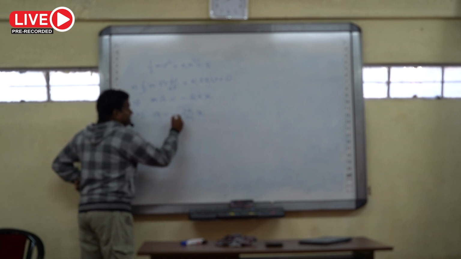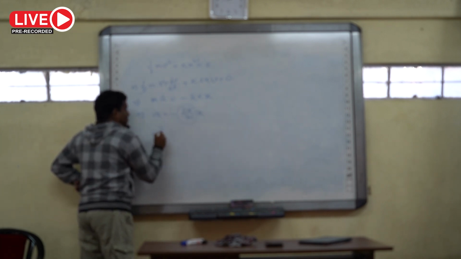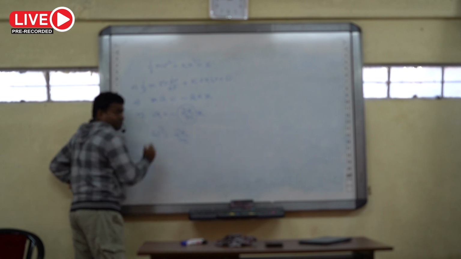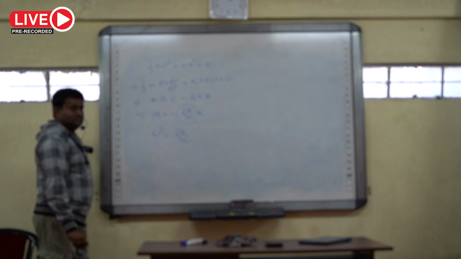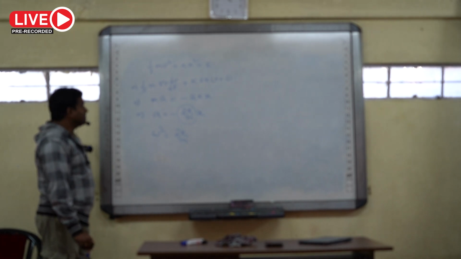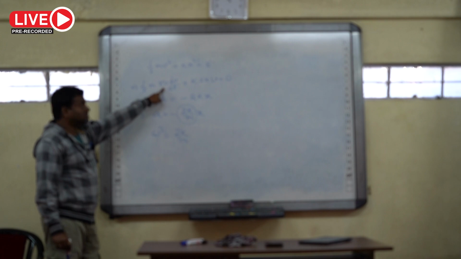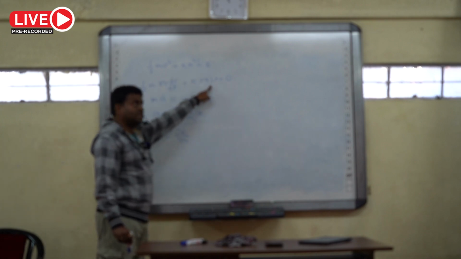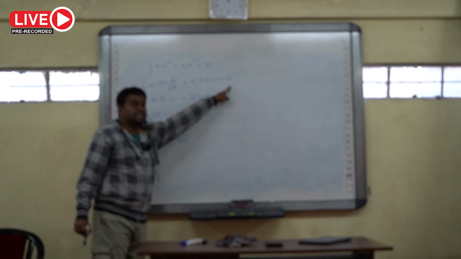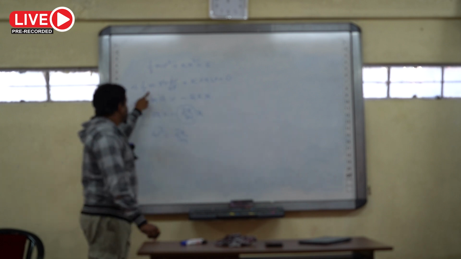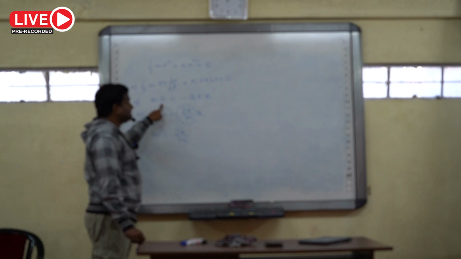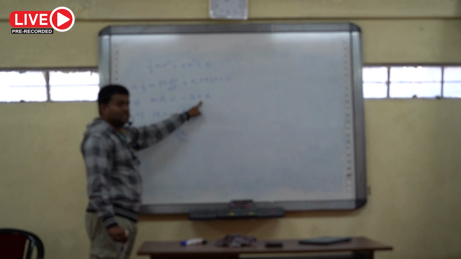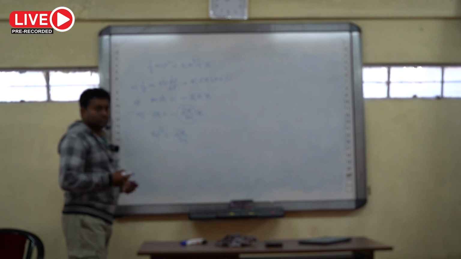Now compare it with the SHM equation. Omega square equal to 2k by m. This one is k into 2x into v. By taking v common and this side there is 0. So first term will be m dv/dt, which is acceleration, and on that side it will be 2kx. V is cancelled from both sides.